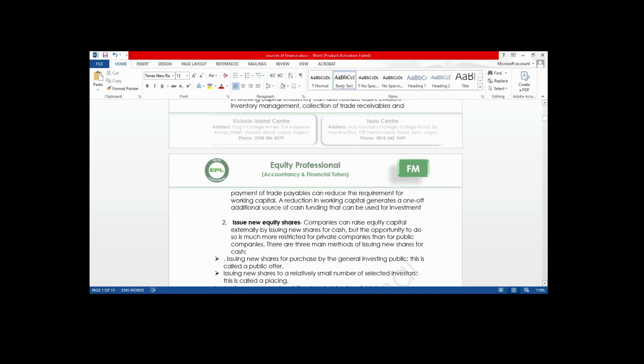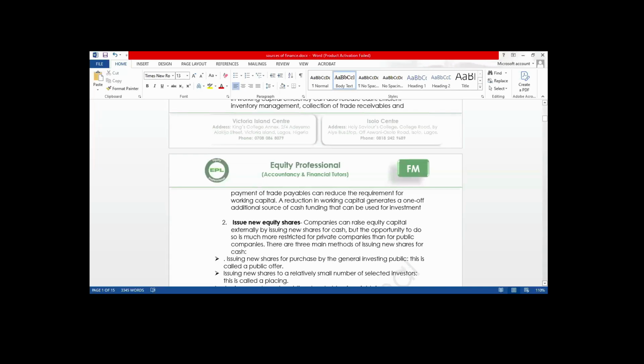If your customers pay on time, that means there's efficiency in trade receivable collection. If you're able to achieve efficiency in inventory management, that means you are not tying too much cash to inventory. Through this process, you can generate a one-off source of financing.